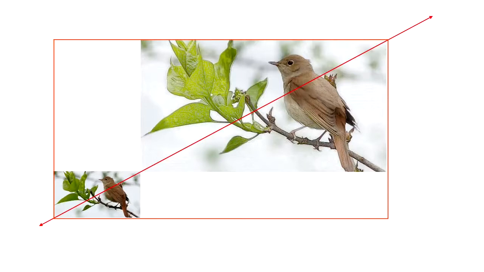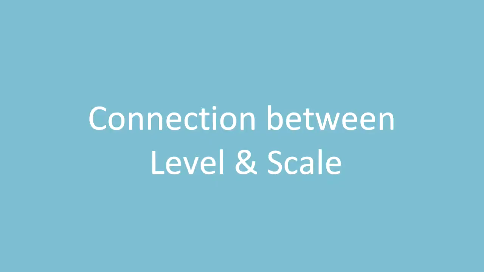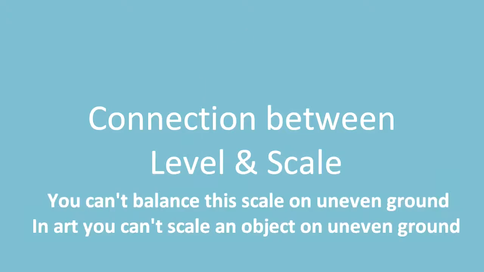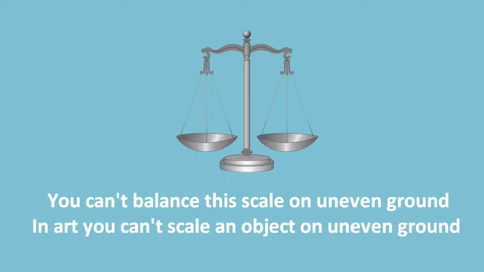But before we get to the lesson, we have to look at the word scale, right? And the word balance, and the word level. This will help us understand what's going on, right? So there's a connection between the word level and scale.